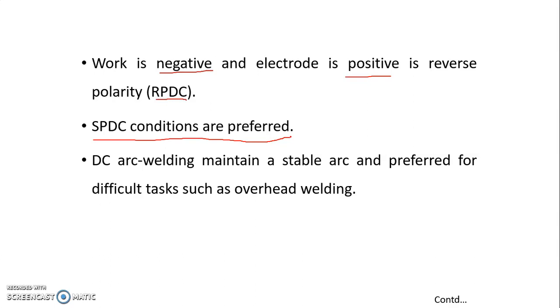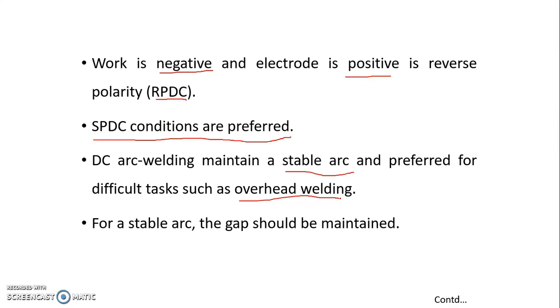DC arc welding can maintain a stable arc and is preferred for difficult tasks such as overhead welding. For a stable arc, the gap should be maintained.